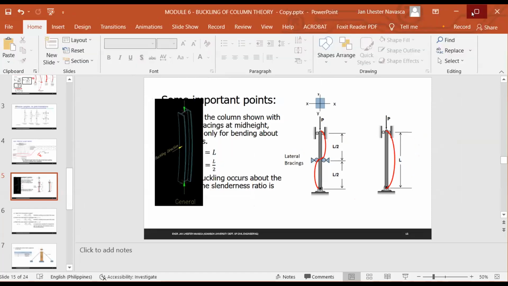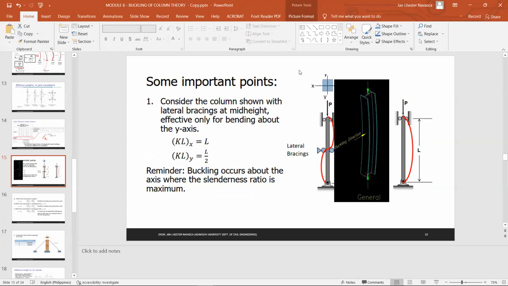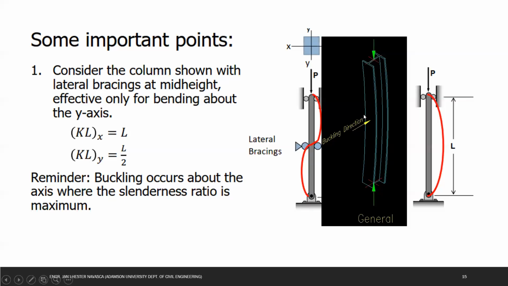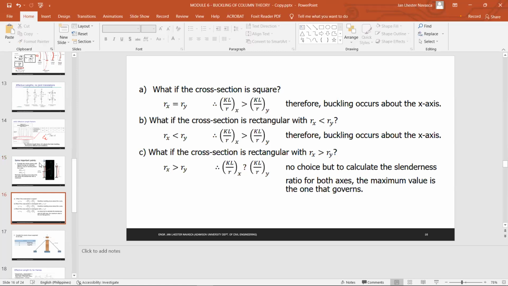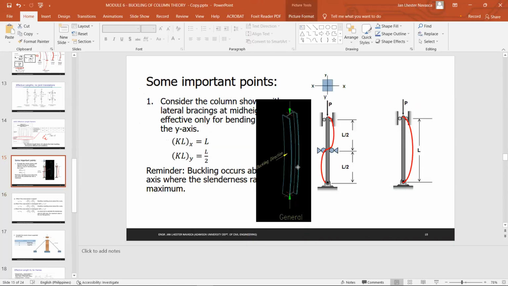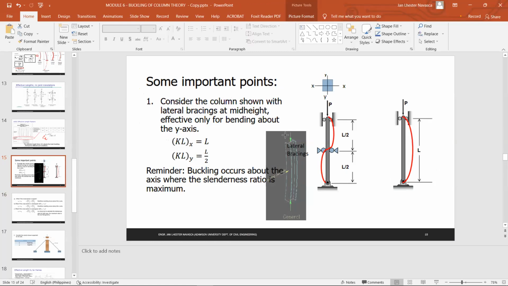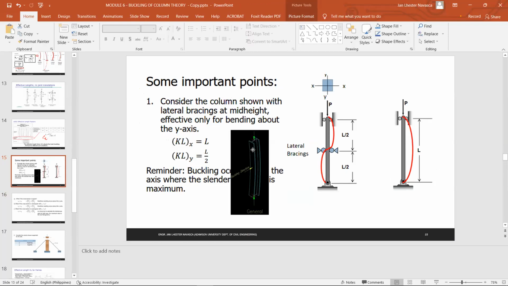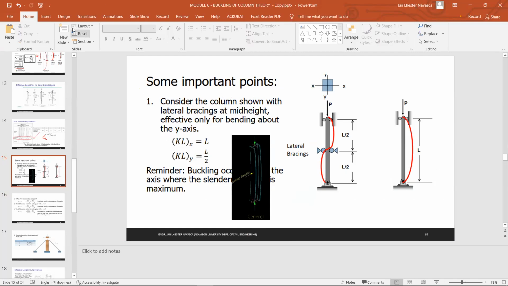Imagine this is a straight column, there is no flexural buckling. So according to the problem, we have this column section, a wide flange section. According to the problem, they have a lateral bracing at the mid height, effective only for bending about the y-axis.